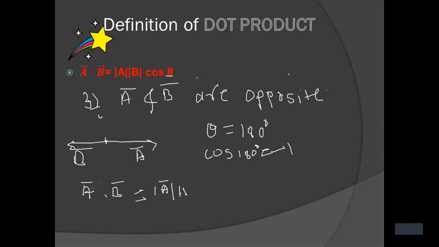I am writing this directly: a bar dot b bar into cos 180, which is equal to -1.